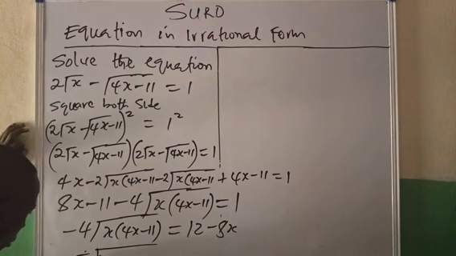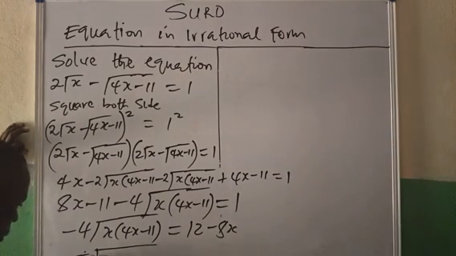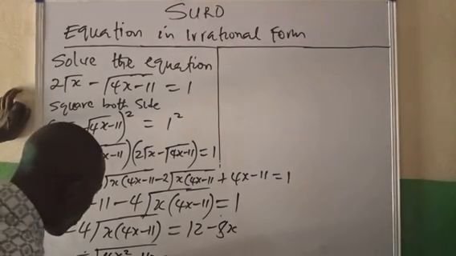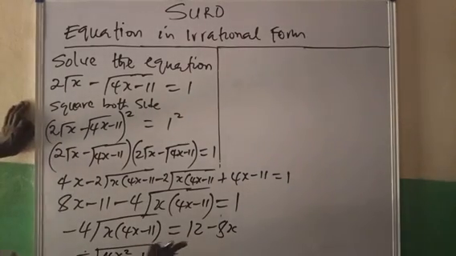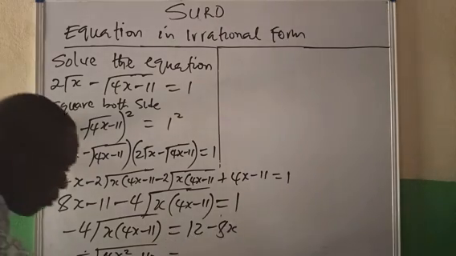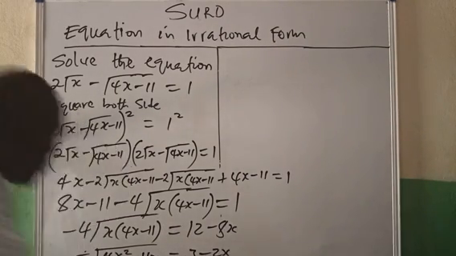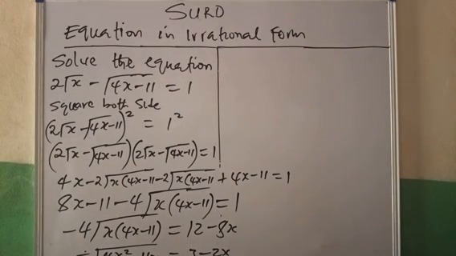minus root s, and I can open this place now to get s times this is 4s squared minus 11s will be equal to, I'm using 4 to divide through, here will give me 3 minus 2s. So all I need to do is to square both sides.